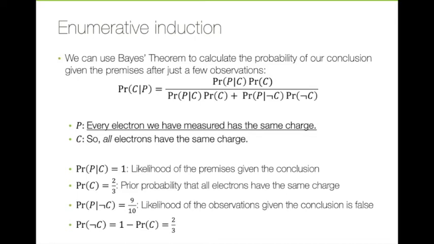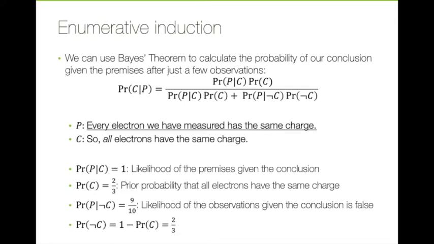The probability of P given not C is the probability that we observe the charge of an electron, let's say 5 times, and it always comes out the same, on the assumption that our conclusion is false. If electrons are part of every atom, and there are enormous numbers of atoms in the universe, after only 5 measurements, it's still relatively plausible that at least some electrons have different charges.